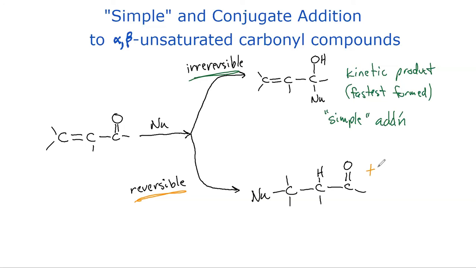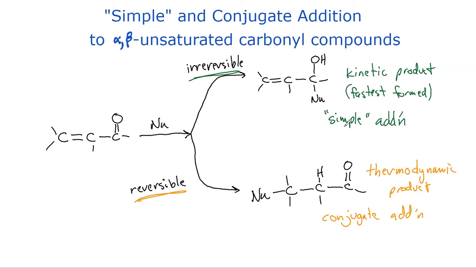Because it's more stable, we call it the thermodynamic product, which in this case is the result of conjugate addition. We call it conjugate addition because you have to have the conjugated system for this to happen. To make the kinetic product, or the one of simple addition, we didn't need that alkene. It doesn't necessarily have to be there.